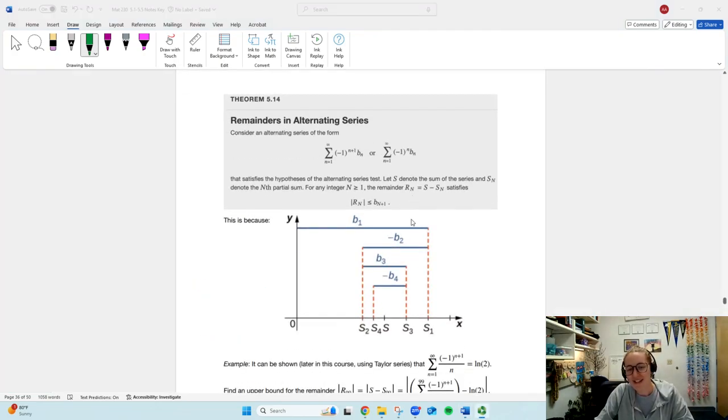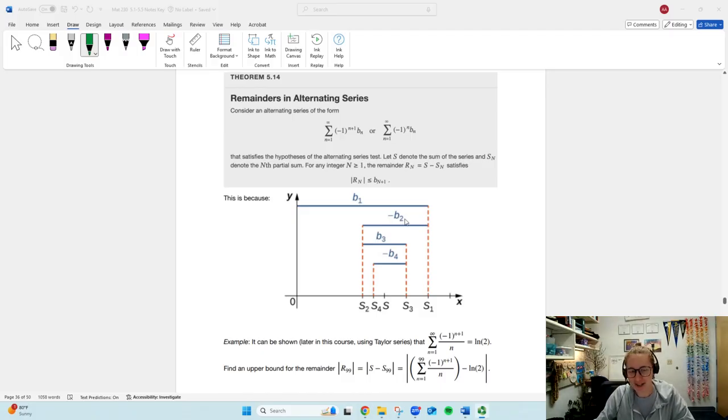Okay, this next part took me a little while to wrap my head around, but it's really not too bad to find remainders for alternating series because of this back and forth motion that is happening here.